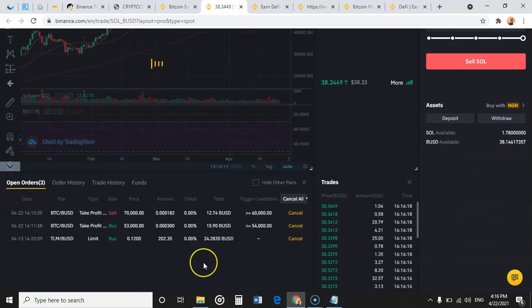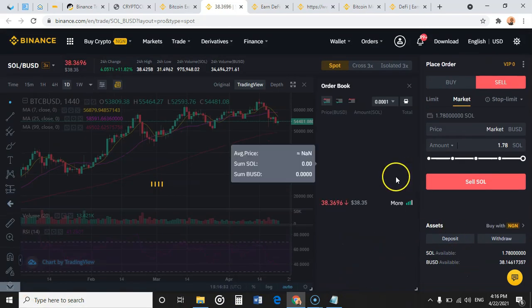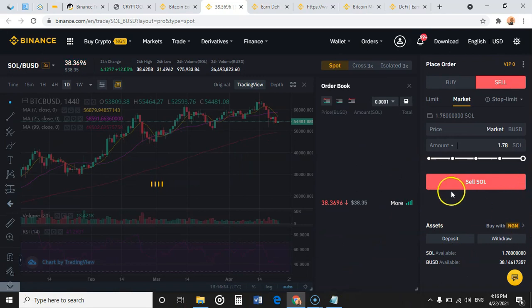So that is how to set the buy and sell order. We have the market order, we have the limit order, we have the stop limit order. And let me now show you why traders use the stop limit order.